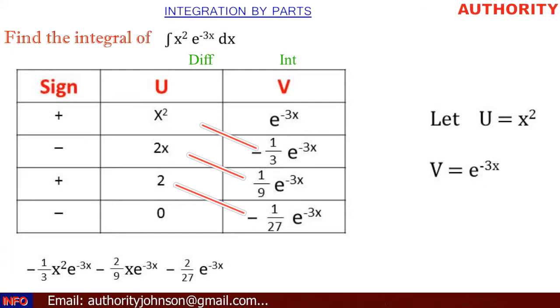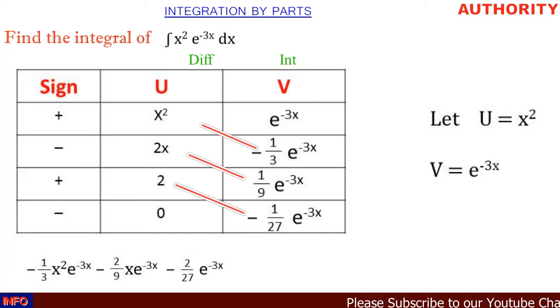Now maintaining our sign, we have minus 2x multiplied by 1 all over 9 e raised to power minus 3x, which gives minus 2 all over 9 x e raised to power minus 3x. Then the next one we have 2 multiplied by minus 1 all over 27 e raised to power minus 3x, which gives minus 2 all over 27 e raised to power minus 3x.